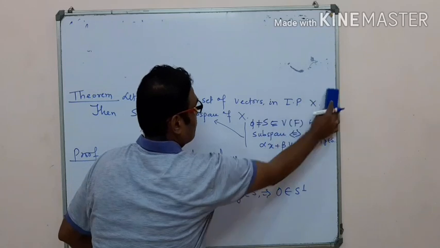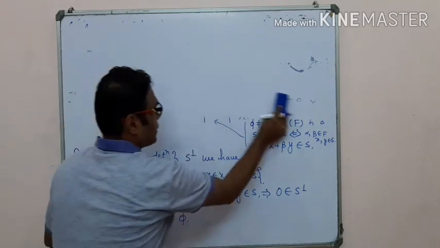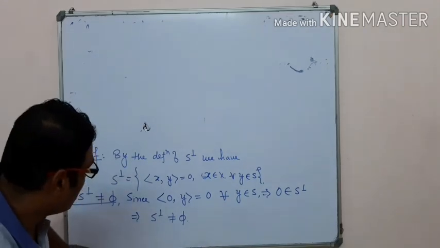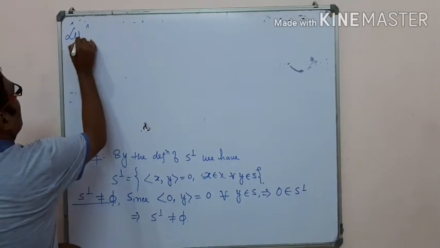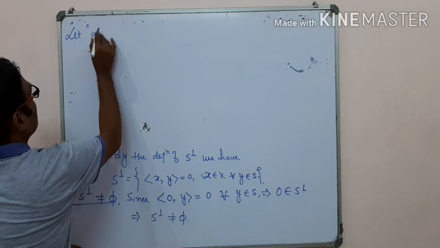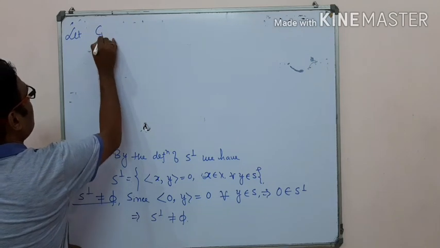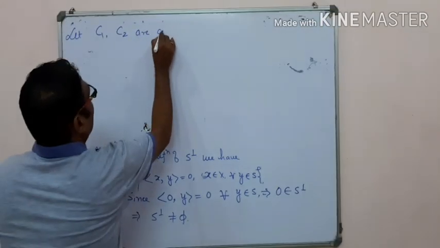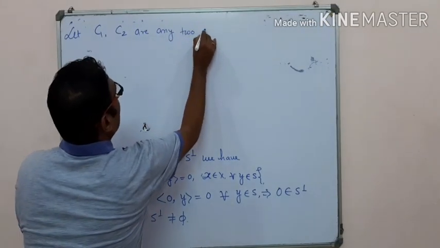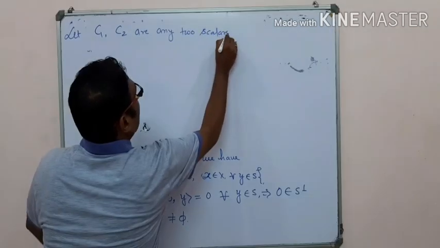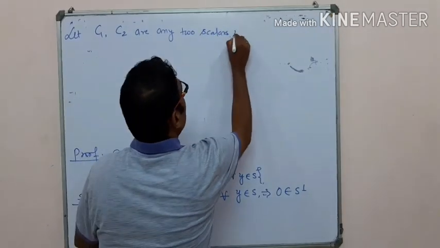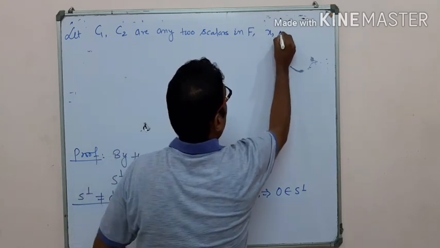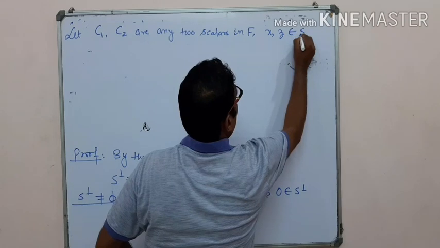Second, we already proved that S complement is non-empty. Here we take two scalars, C1 and C2, any two scalars in F. Let X and Z belong to S complement.